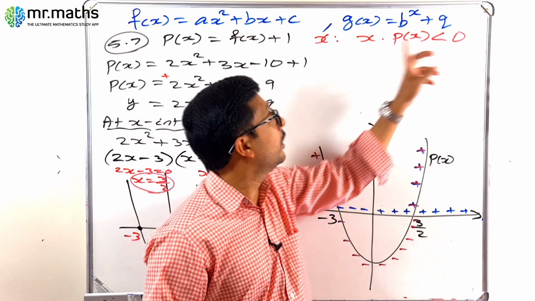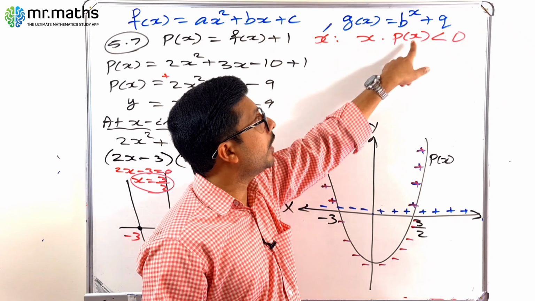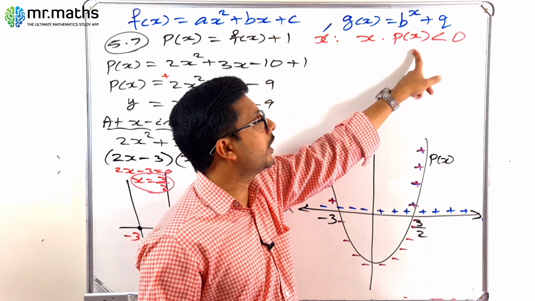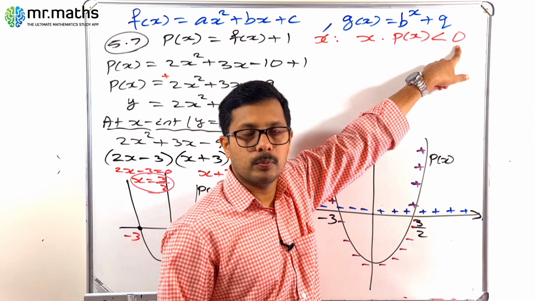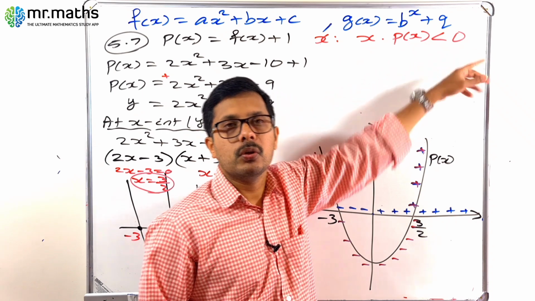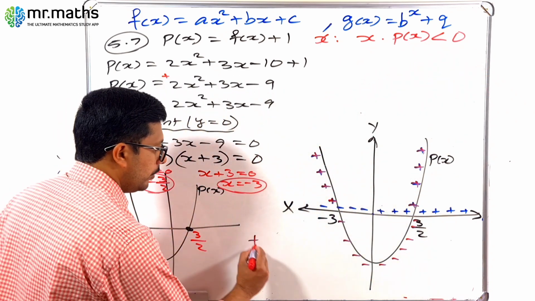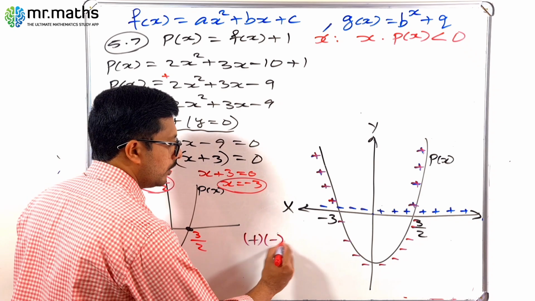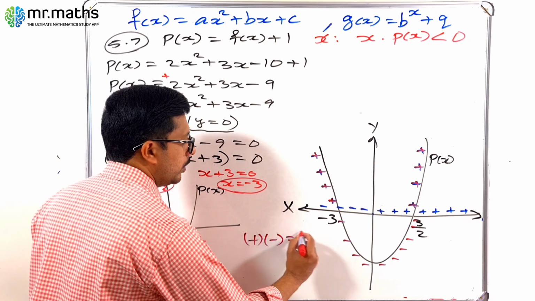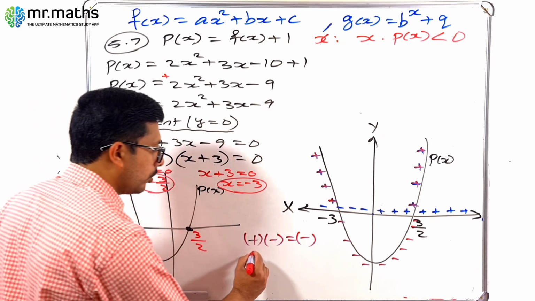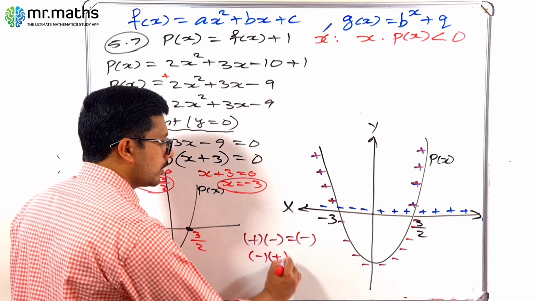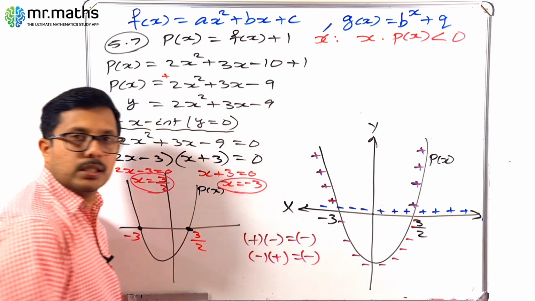So it means that either this one is positive and this one is negative, positive times negative is negative, or negative times positive is negative. If you want to get a negative answer, either one is positive and the other is negative, or the other way around.